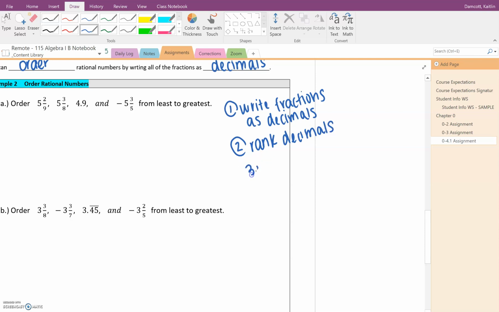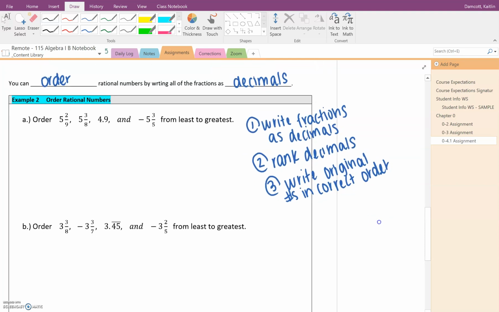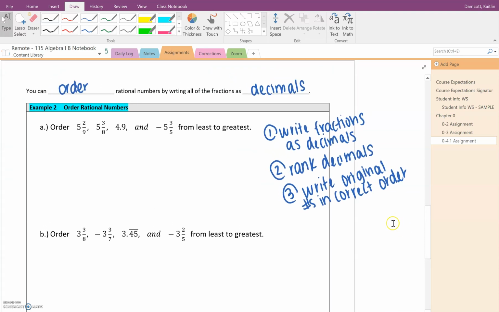And then finally, our last step, we are going to write the original numbers in the correct order. Okay, so 3 steps that we're kind of following, and these steps should be familiar because we did them in the 0-2 assignment.